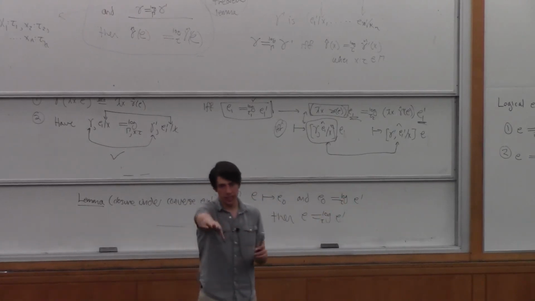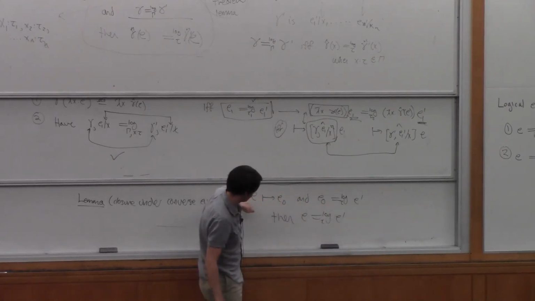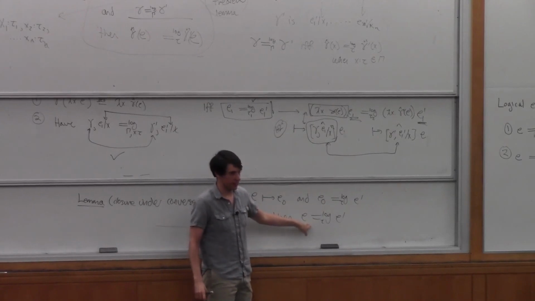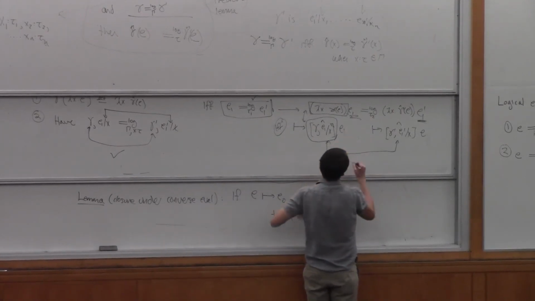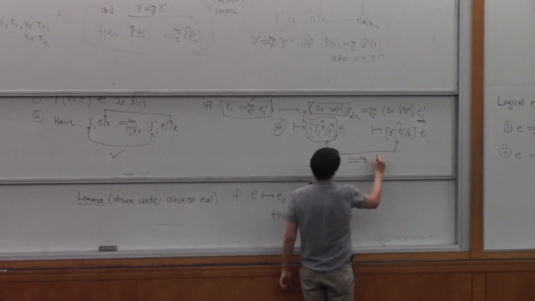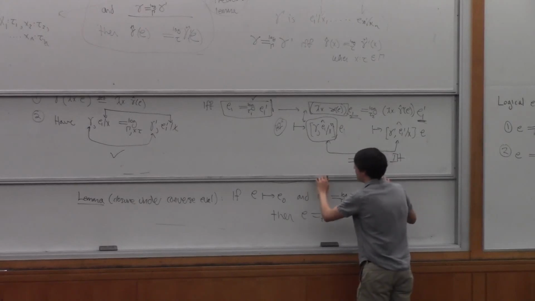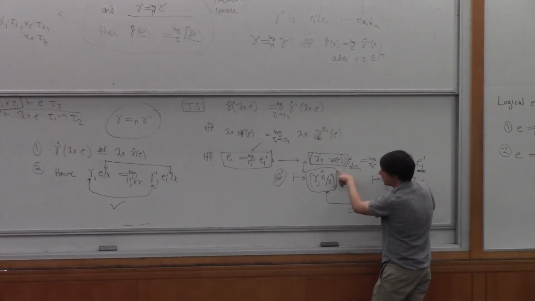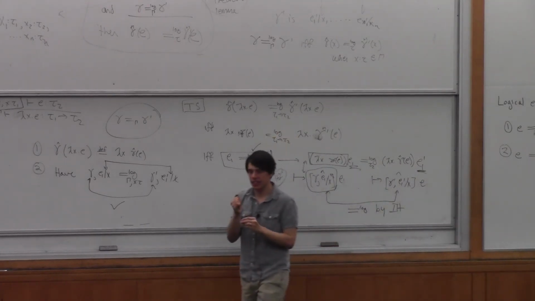That is, we can pull a logical equivalence back along a step and get a logical equivalence. Because we get that these two are logically equivalent by the IH, and then assuming this lemma, we get that these two are equal by the lemma, and that's what we needed to show in this case.